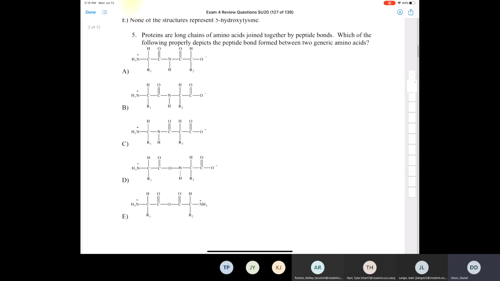Number 5 says proteins are long chains of amino acids joined together by peptide bonds. Which of the following properly depicts the peptide bond formed between 2 generic amino acids? Who could tell me which one of these is the correct answer in 5?